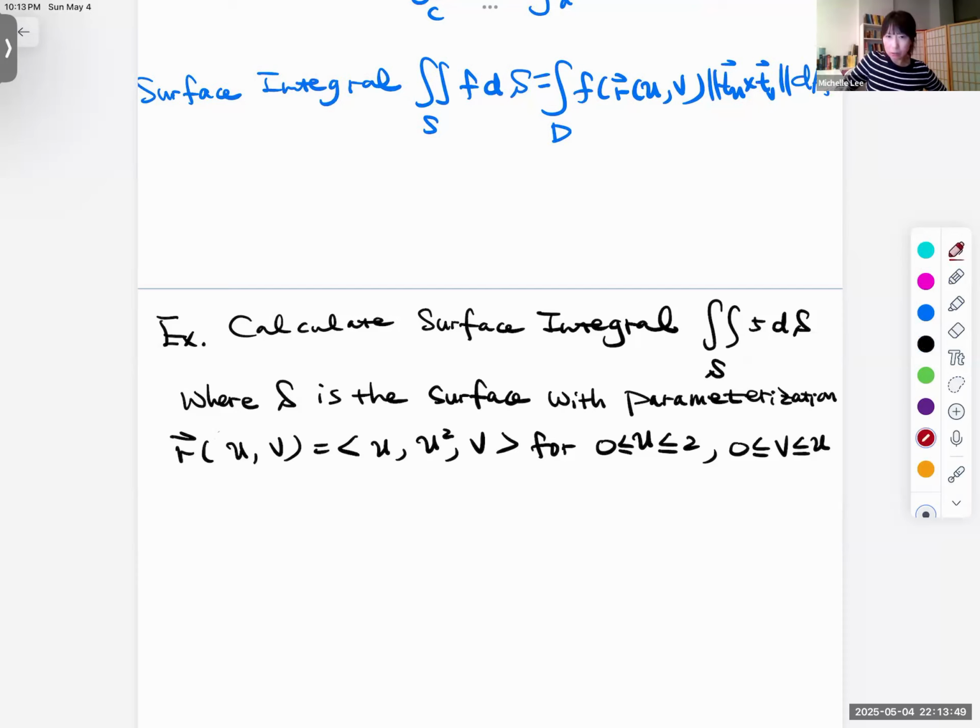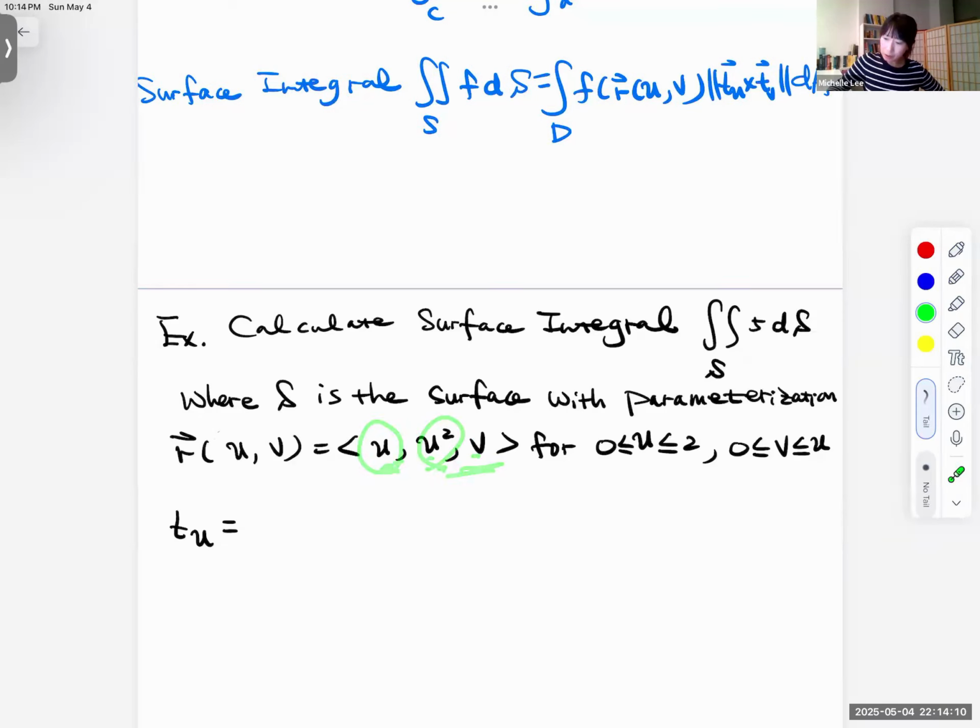We're looking at the partial derivative with respect to u.